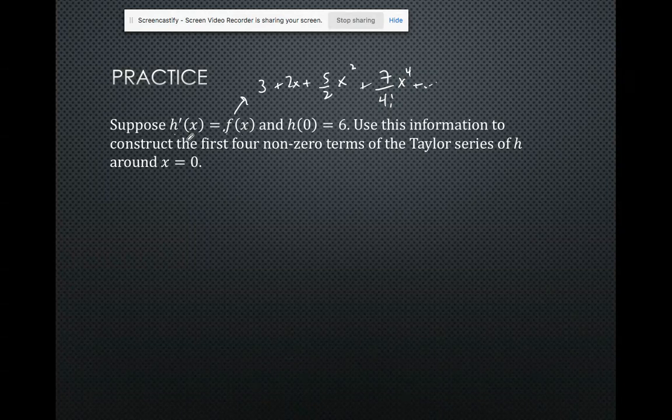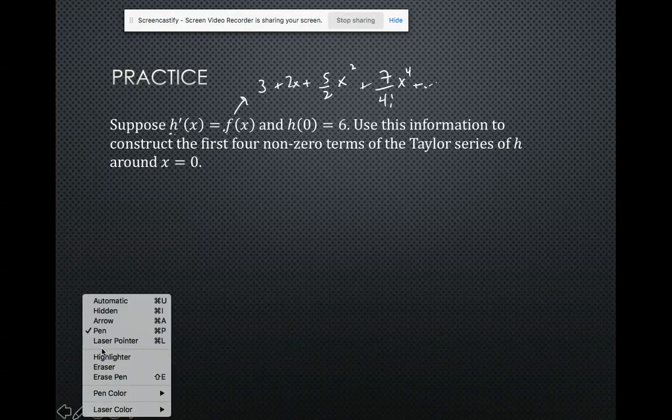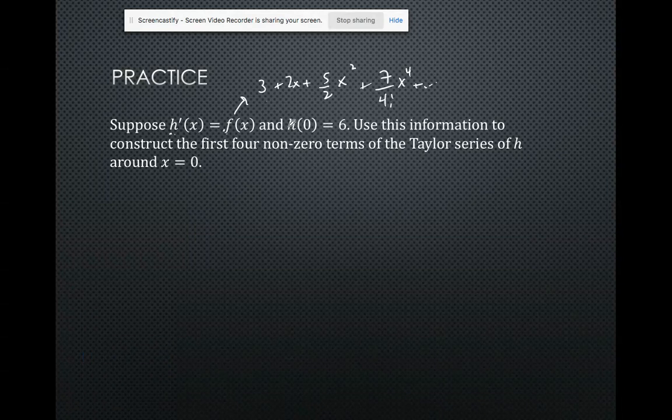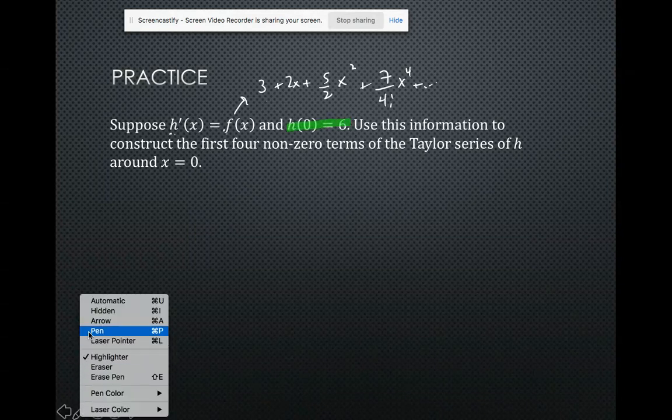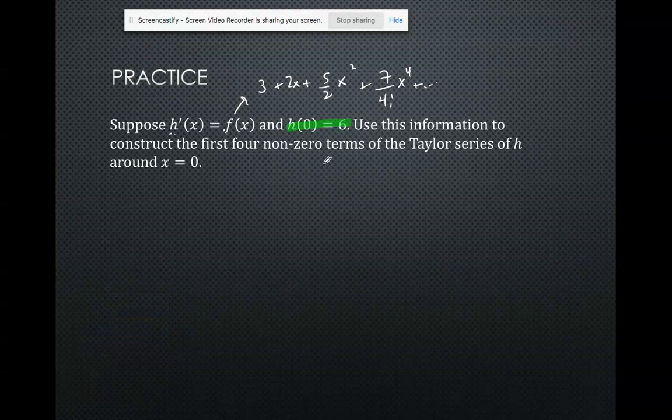So suppose I have a function h that is this derivative, that f of x is its derivative. And further, I gave you an initial condition. I want the first 4 non-zero terms of the Taylor series of h around 0. They said Taylor, so they have to say 0.